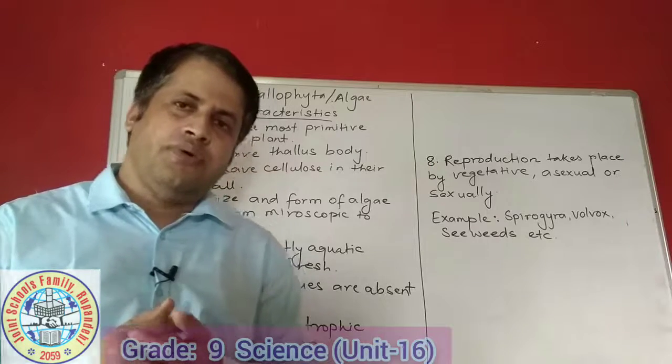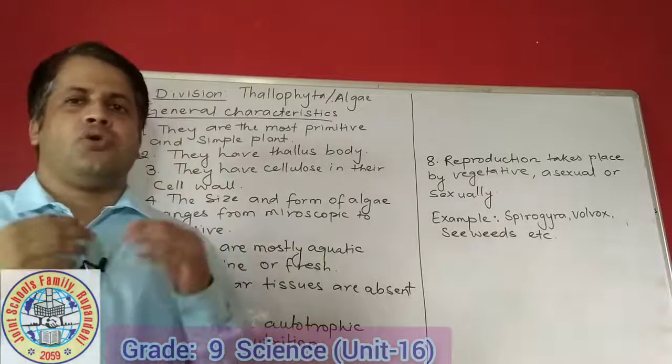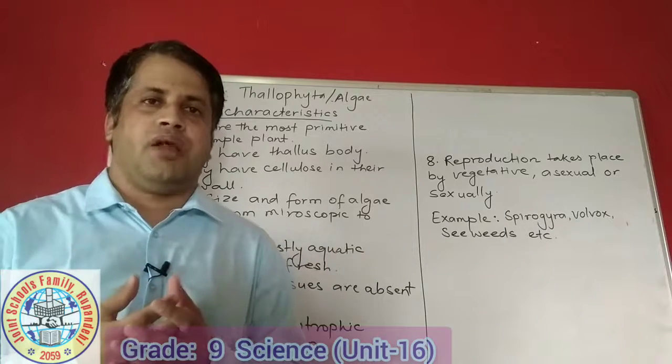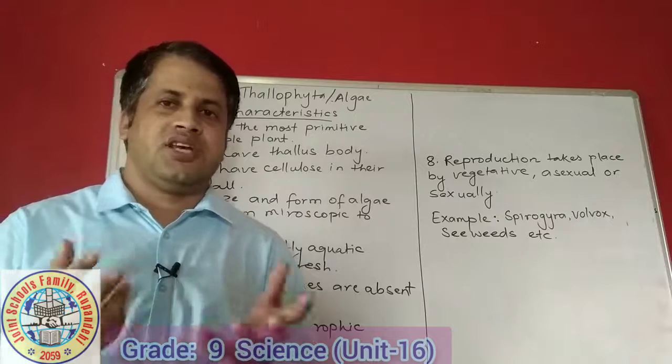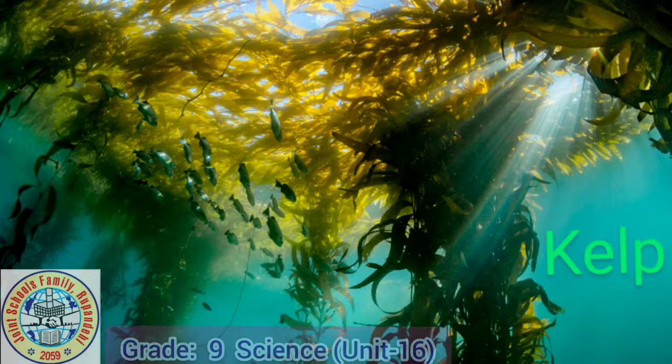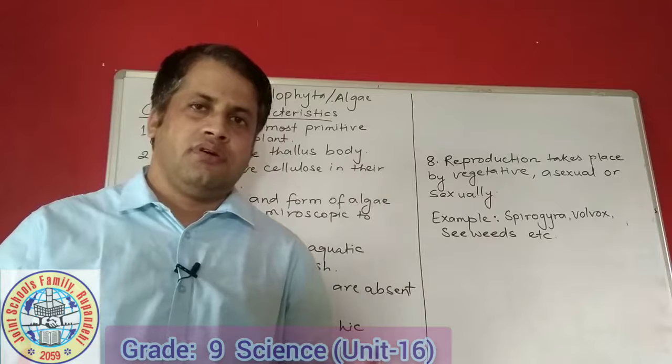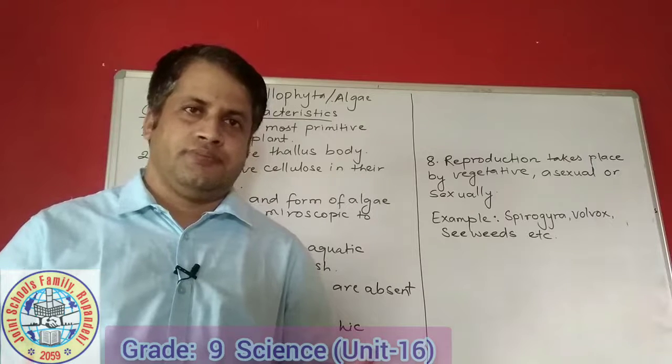And a few of them are huge, massive plant-like forms, such as kelps. So their size ranges from unicellular microscopic to massive plants like kelps.